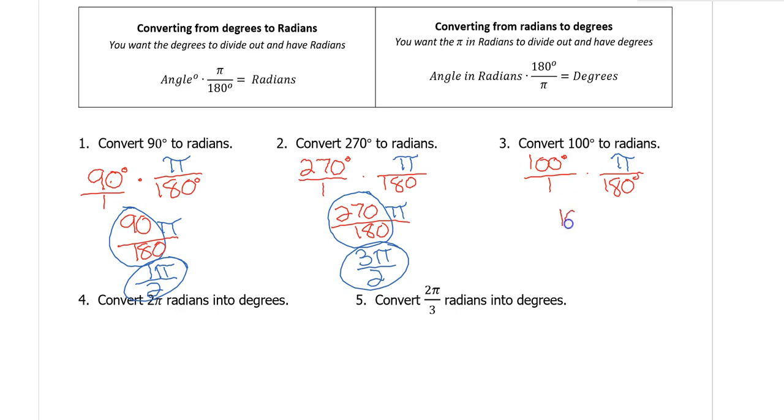So multiplying straight across, I have 100 pi over 180. This is what I type in my calculator. 100 divided by 180, we get 5 over 9, and the pi goes on top, right? 5 pi over 9 radians.